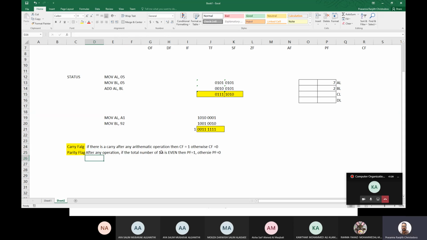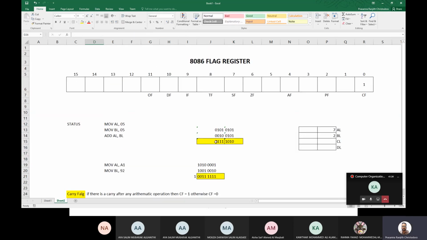What do you mean by this one? Tell me. After any operation, if the total number of ones is even, parity flag equal to 1. See, after any operation, you have to count the number of ones.